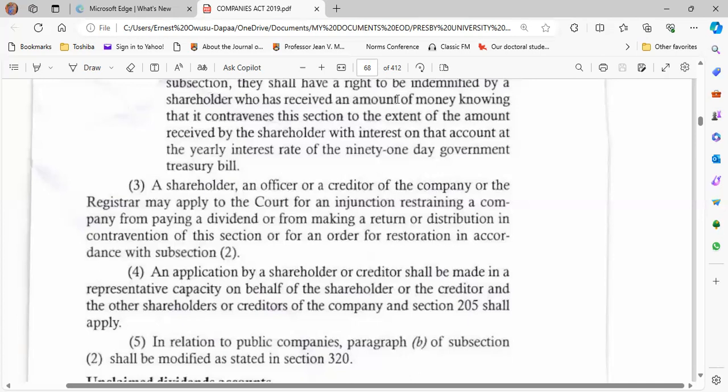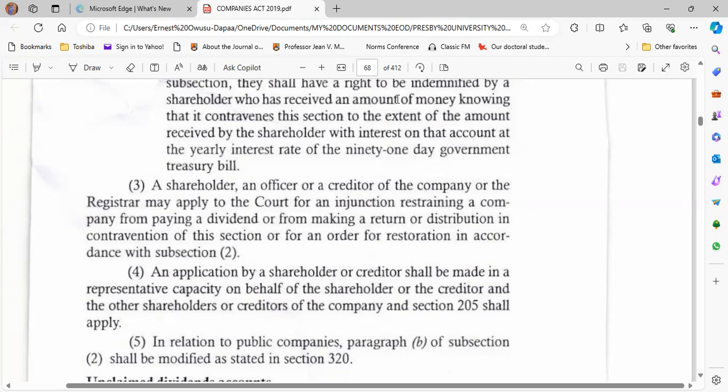And of course, where you make such an application, as we have discussed before, the application will have to be made in a representative capacity.